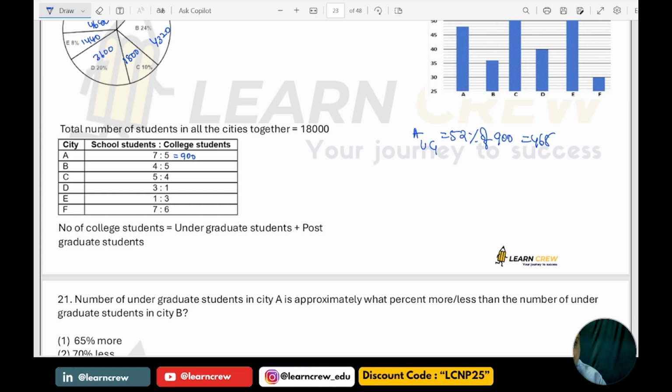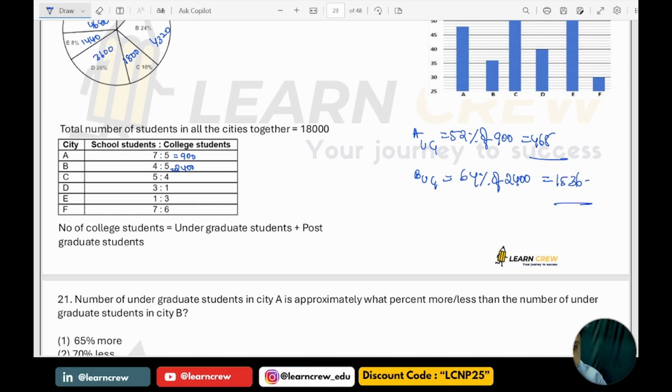How much you are going to get? 2400. Okay, now B undergraduates: 36 percentage are postgraduates. So 64 percentage of 2400 is 1536.